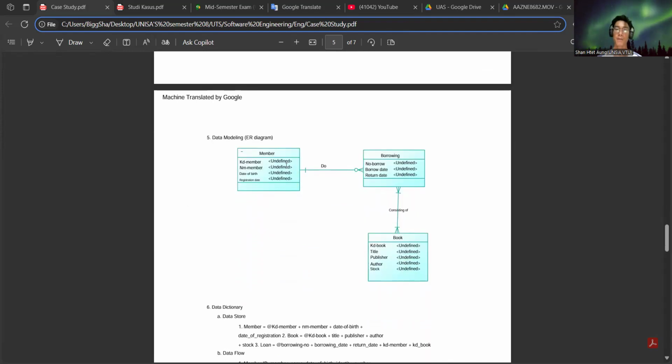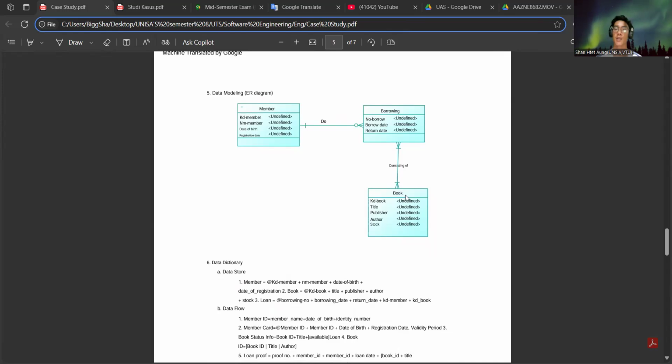The member data has member ID, name of the member, and date of birth. The borrowing data has borrower ID, borrow date and return date. The book data also has a unique ID, and data such as publisher, author and stock.